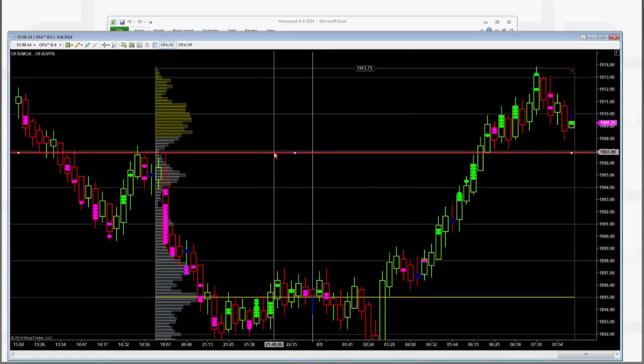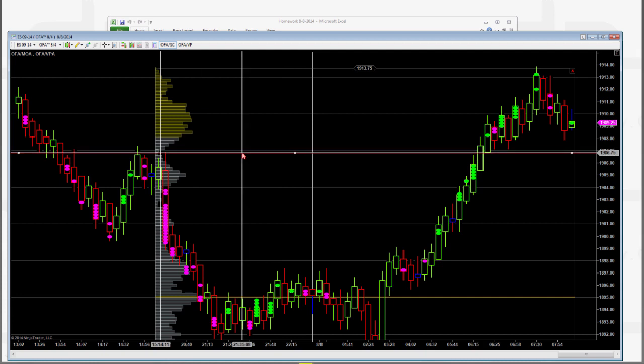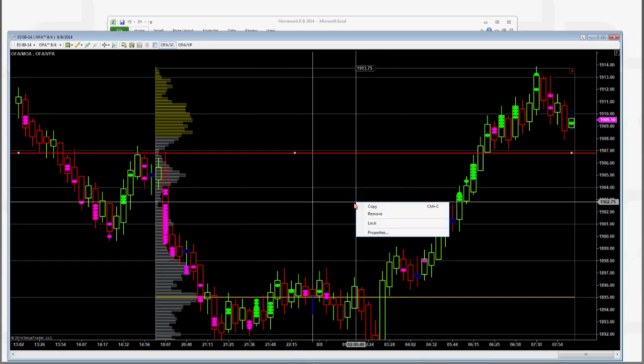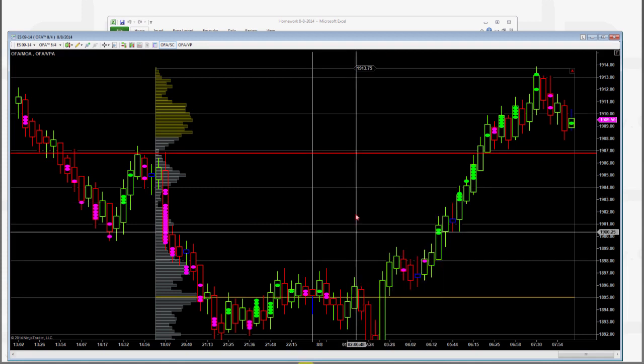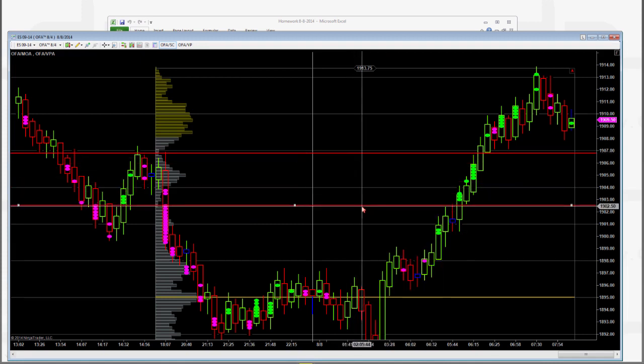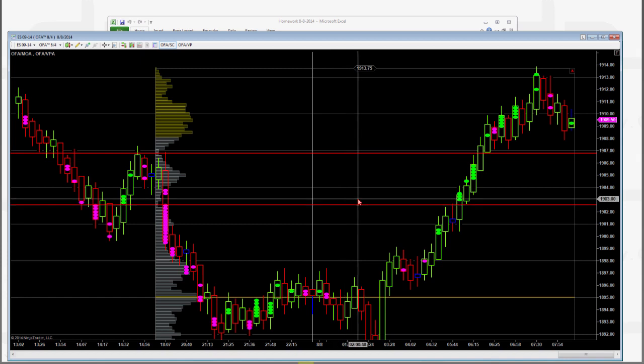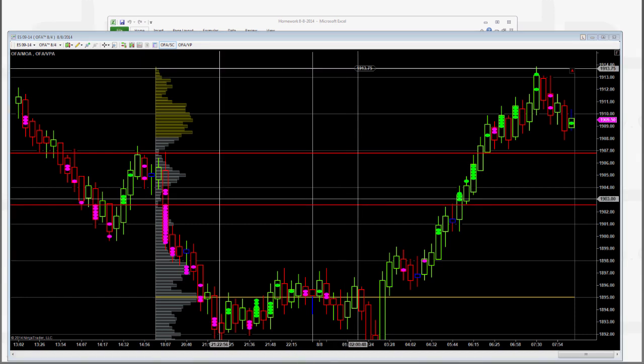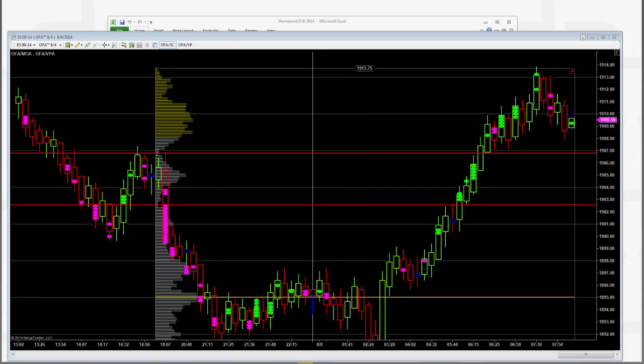as we look at our overnight, we have a very, very solid low volume area in the overnight here. And we have one down at 1902.50, which is pretty close to our, we have a high volume area, a composite high volume area, 1902.25.